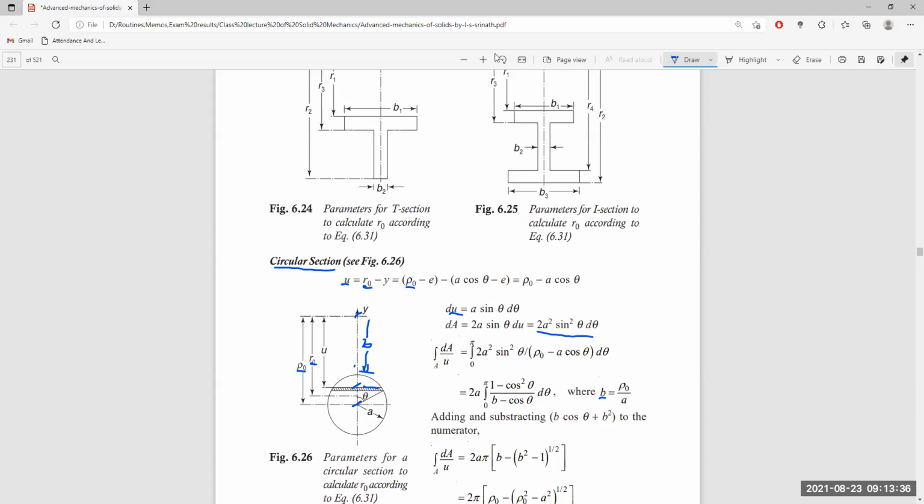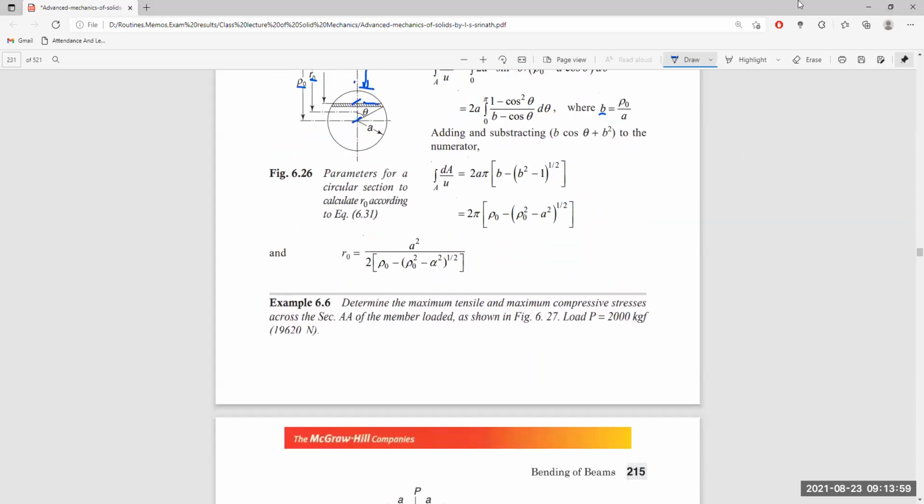And if we add and subtract b cos theta plus b square to the numerator itself, the cos theta will be converted and become 1 itself, and this equation will take the form of the integral of dA by u equal to 2 pi a into b minus square root of b square minus 1.